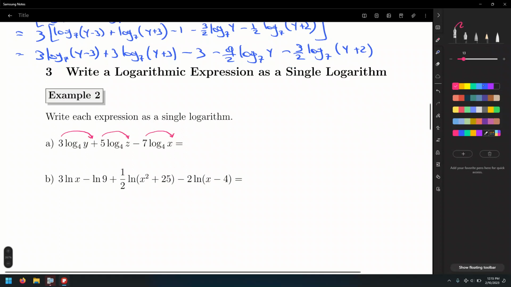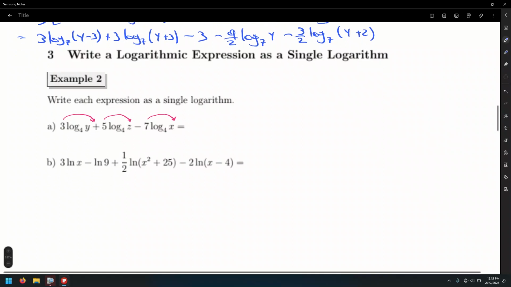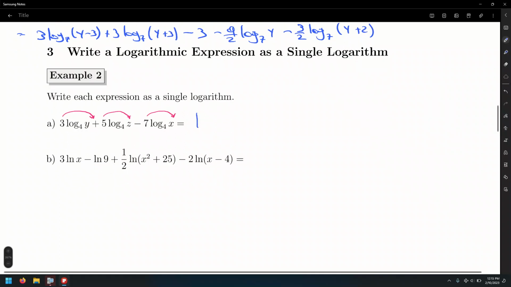So this will become log base 4 of y to the 3rd power, that's the exponent, plus log base 4 of z to the 5th, and minus log base 4 of x to the 7th power.